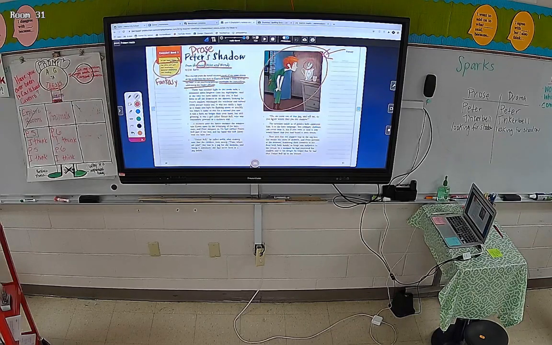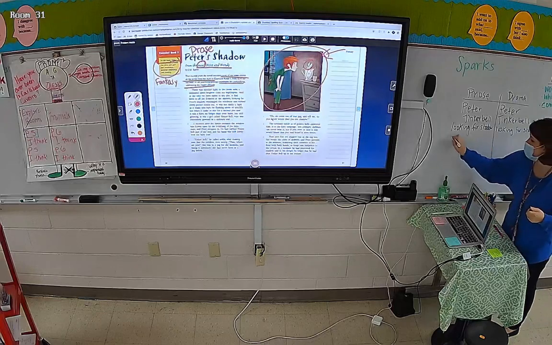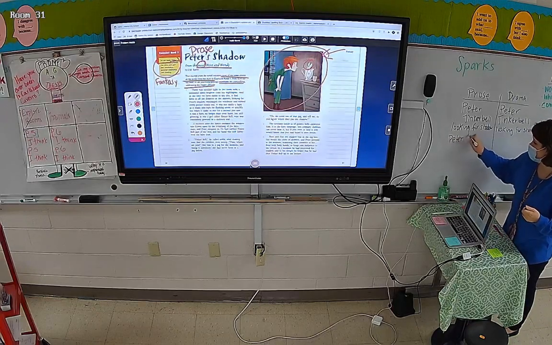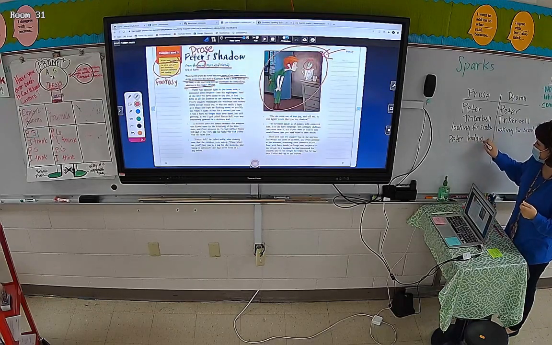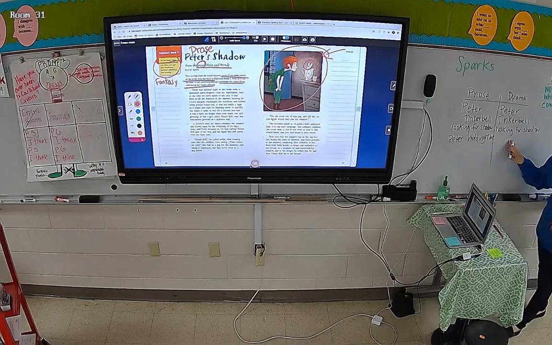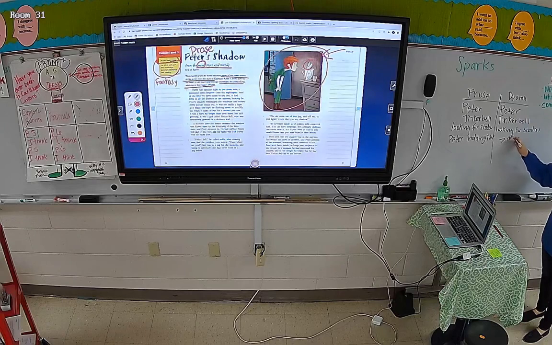Yeah, last week, did he hold Tinkerbell? No. Last week they both just flew in. Okay, so in the prose, Peter is holding Tinkerbell. Did that happen here? No. That didn't happen here.